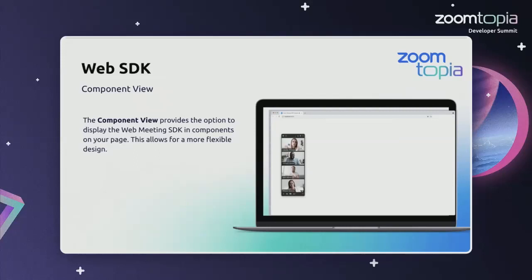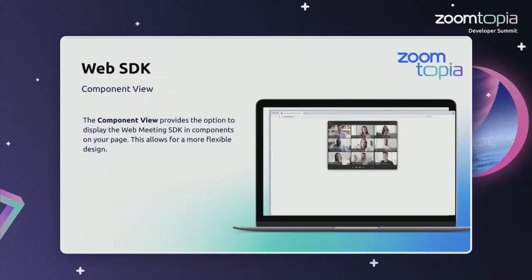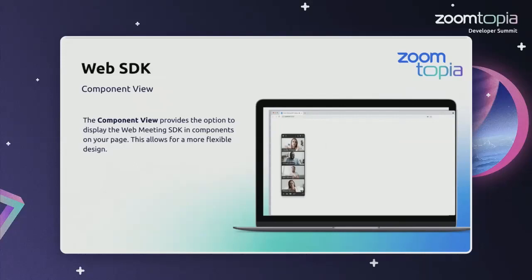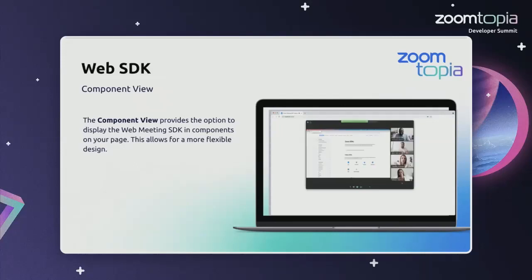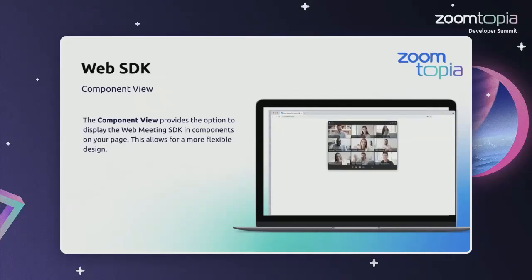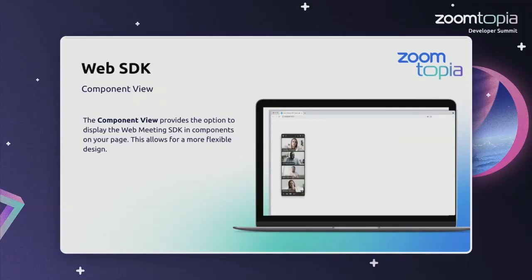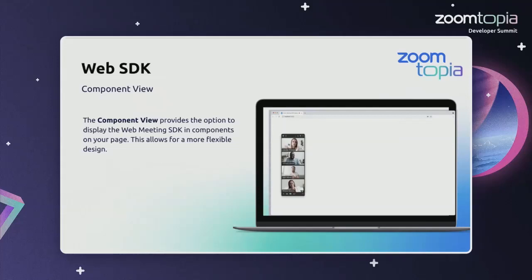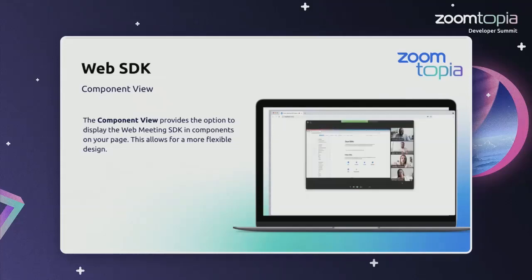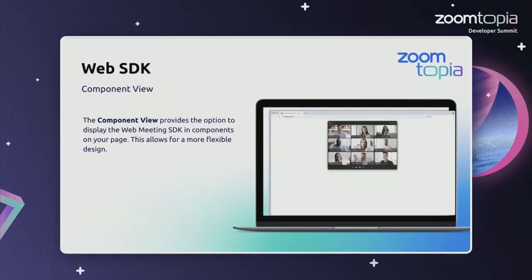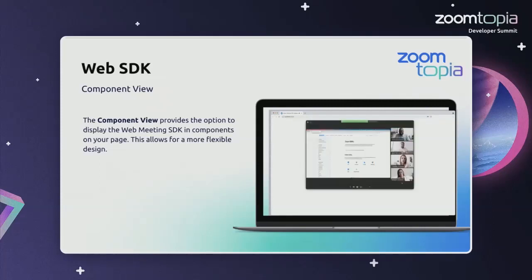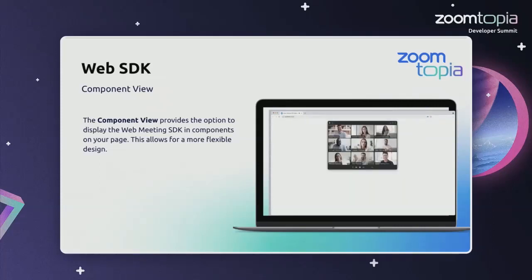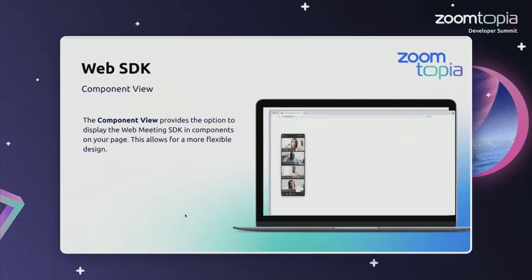Our component view provides the option to display the Web Meeting SDK component onto your page, which allows you to have flexible design. It can change from speaker view to ribbon view to gallery view. This is assuming that you've already built an HTML page and it already exists there. So this is an overlay that can be placed onto an already existing web page.